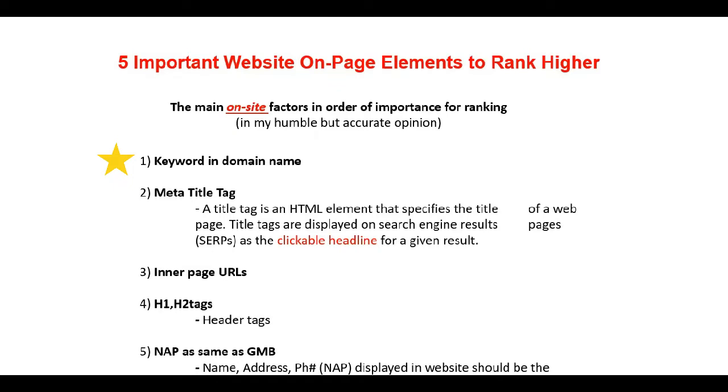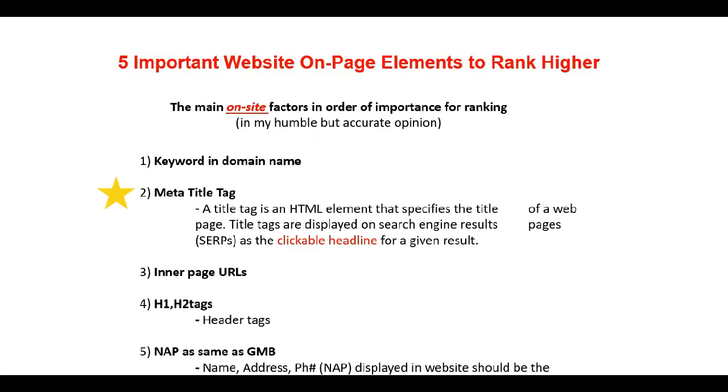You have a brand name, basically. But if you have a website name that is tampaduilawyer.com, obviously that's giving a signal to Google that this website has something to do with DUI lawyers in Tampa.